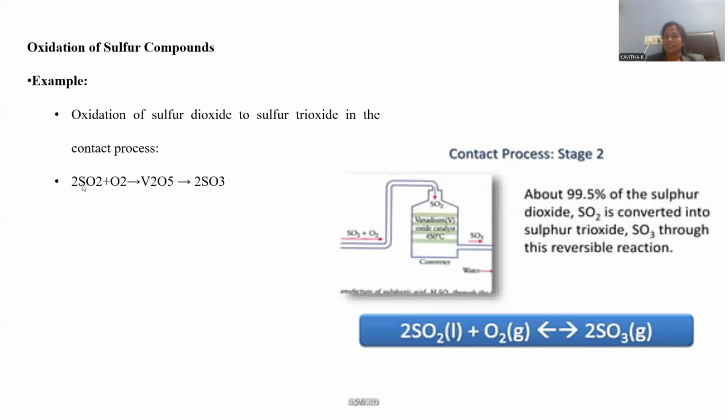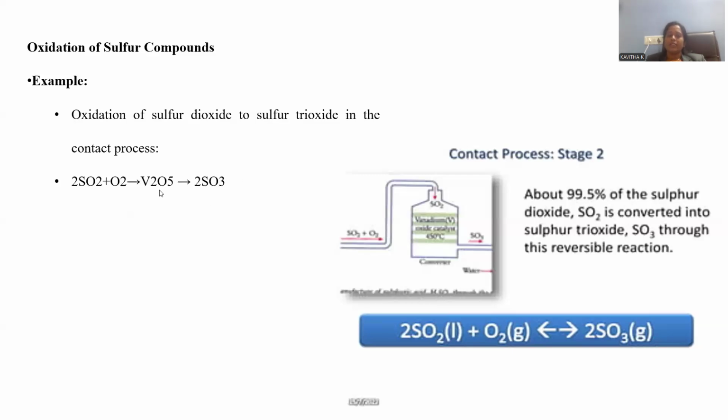This is a kind of oxidation we can denote. The sulfur dioxide is now reacted with oxygen in the presence of a catalyst. The catalyst applied here is vanadium pentoxide, V2O5, again a transition metal oxide. Vanadium pentoxide is blended with this reaction mixture in order to enhance the rate of reaction, so that sulfur dioxide is now transformed into sulfur trioxide. There is a formation of a higher oxidation level for this sulfur, right?